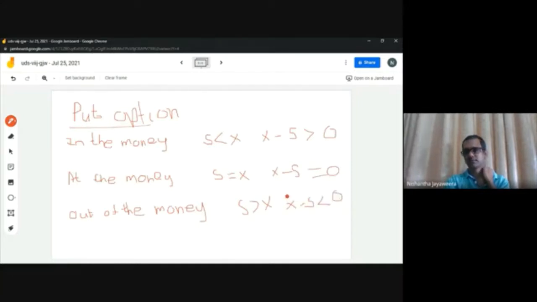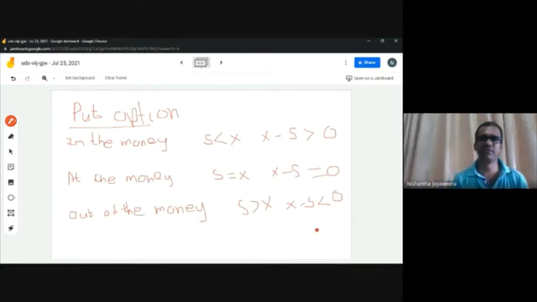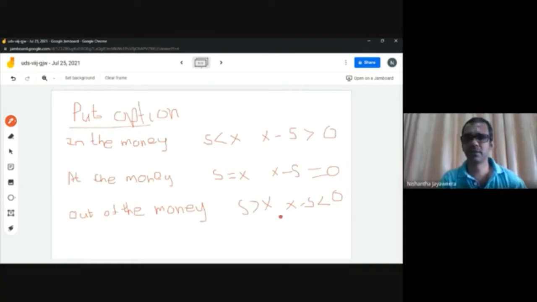If this happens, this is out of the money. But in the intrinsic value, we don't consider negative figures. We consider only the 0, because we take the maximum of X minus S or 0, since we don't exercise when we meet these conditions.